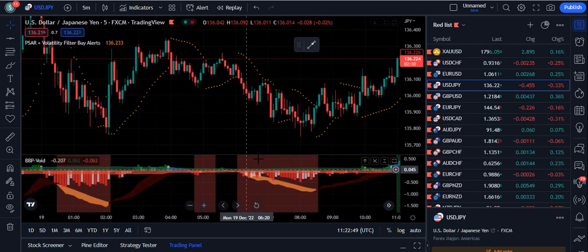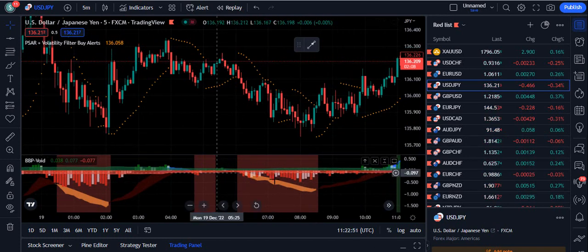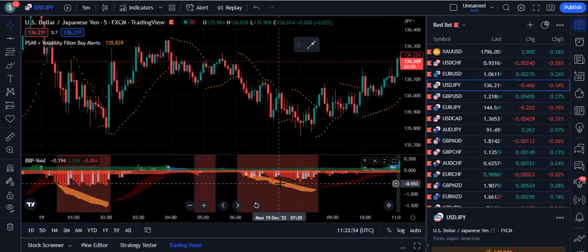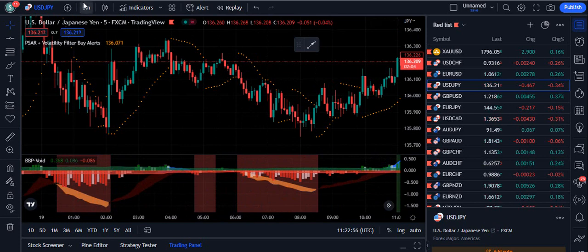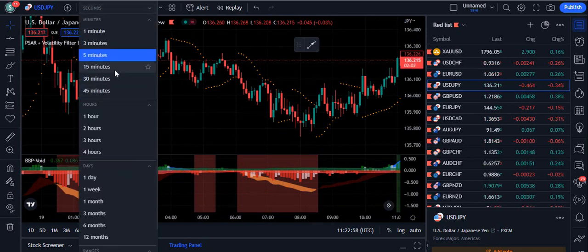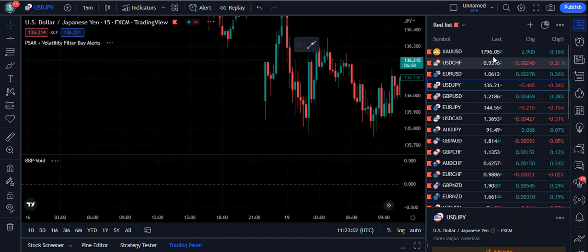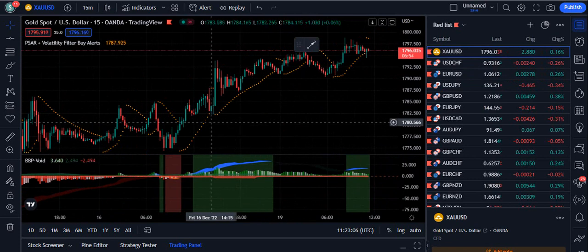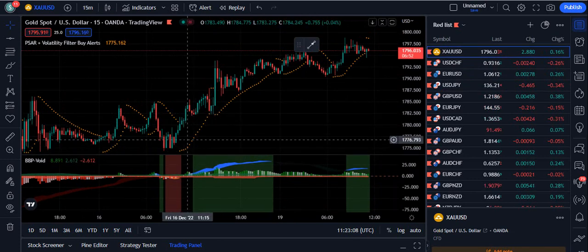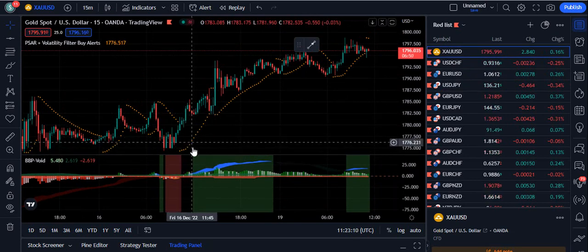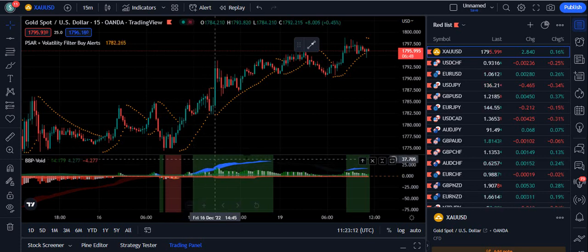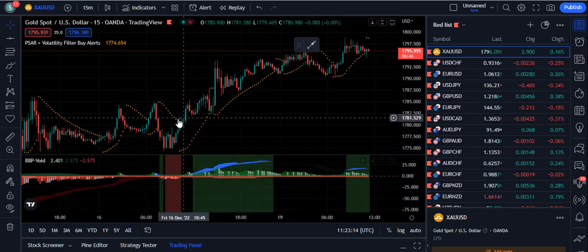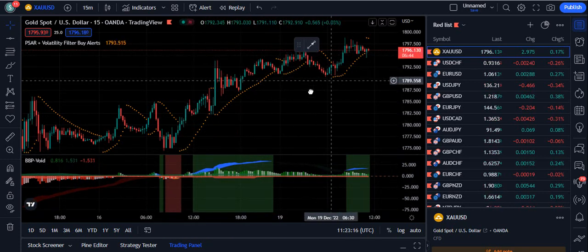I just want you to confirm the trend confirmations from the Bull Bear Power, so that you understand the power of this indicator. Moreover, as you know from the name of the Bull Bear Power, the higher the time frame you use, the more reliable the result will be. For example, I am on the gold 15-minute chart. Now you can see the bull power is coming, and you can see a strong upward trend on gold.